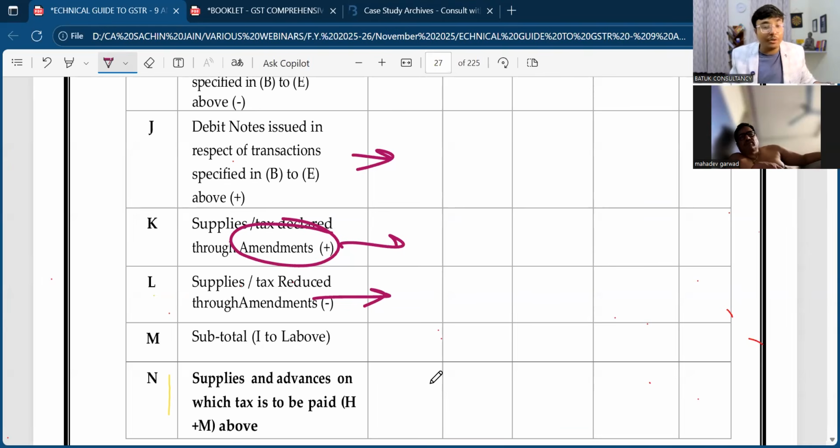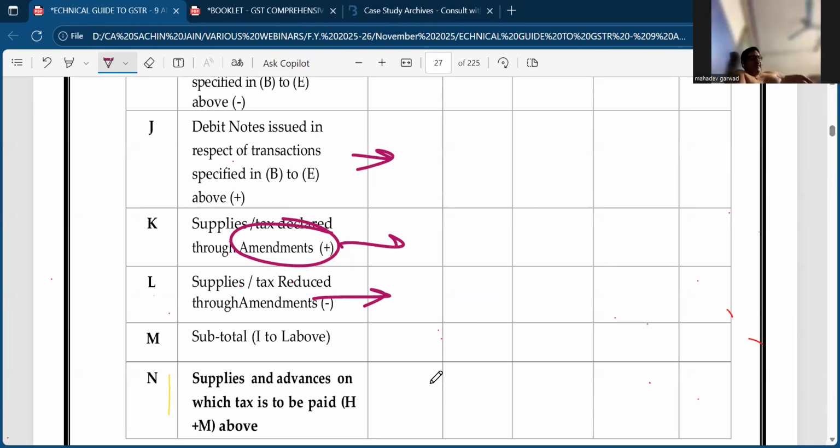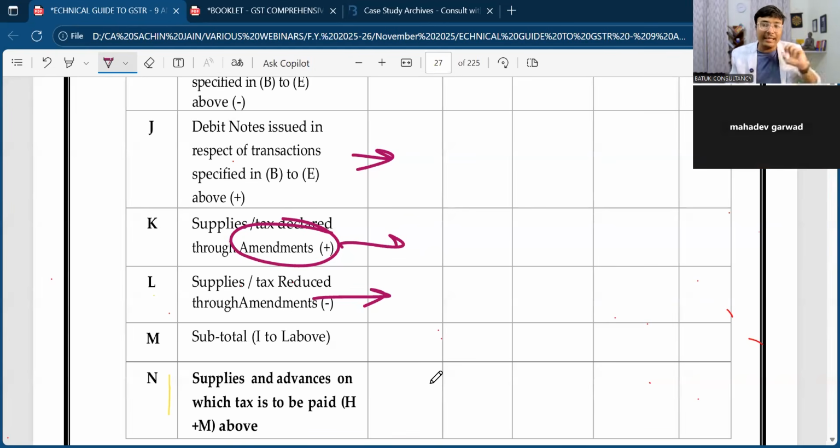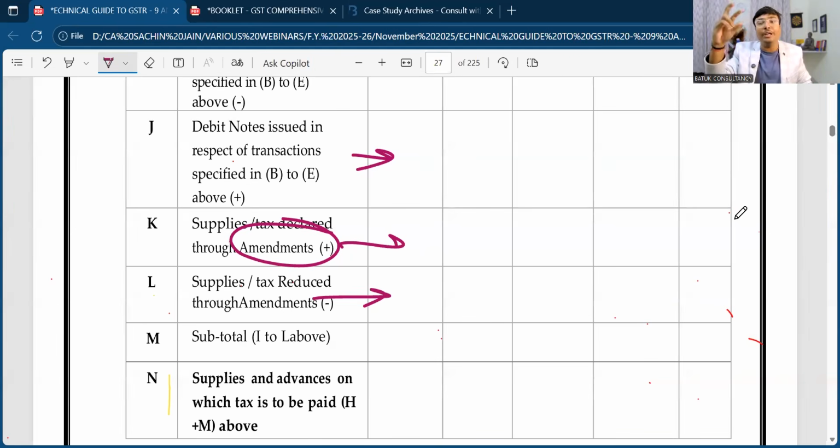Now, there is one scenario which I want to share with you. Okay. This GSTR-9 and 9C is very interesting because very technical points are there. Recently we discussed that while reporting B2B, we just need to put the figures as per books of accounts. Now suppose we have put the figures as per books of accounts and we have also filed amendments in the GSTR-1 return.